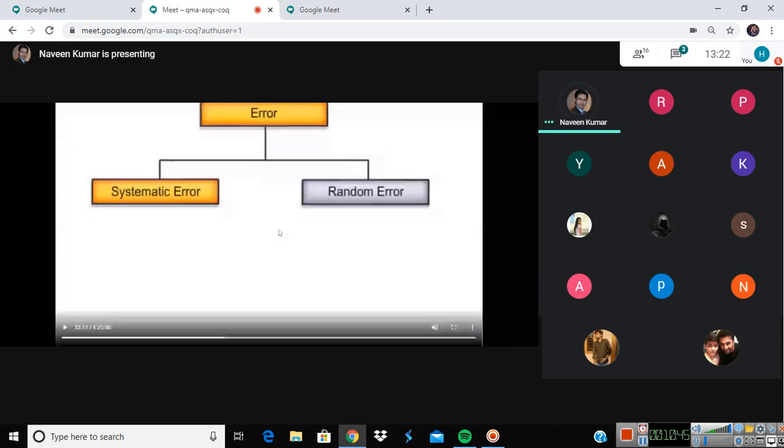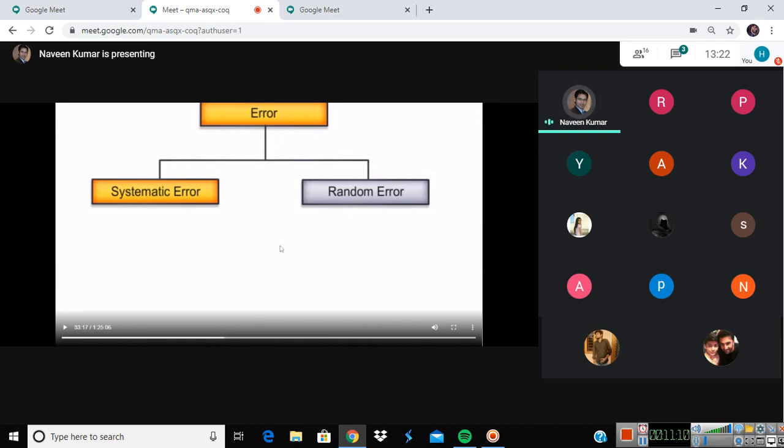Errors mean uncertainty in a value, or we can say the difference between the true value and the measured value of any quantity. That is known as error. Got it? Errors are of two types: one is systematic error and the second one is random errors.